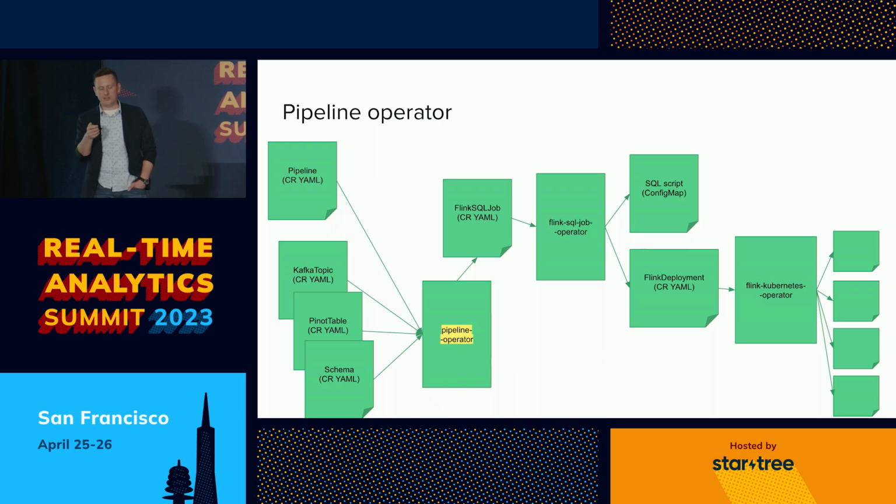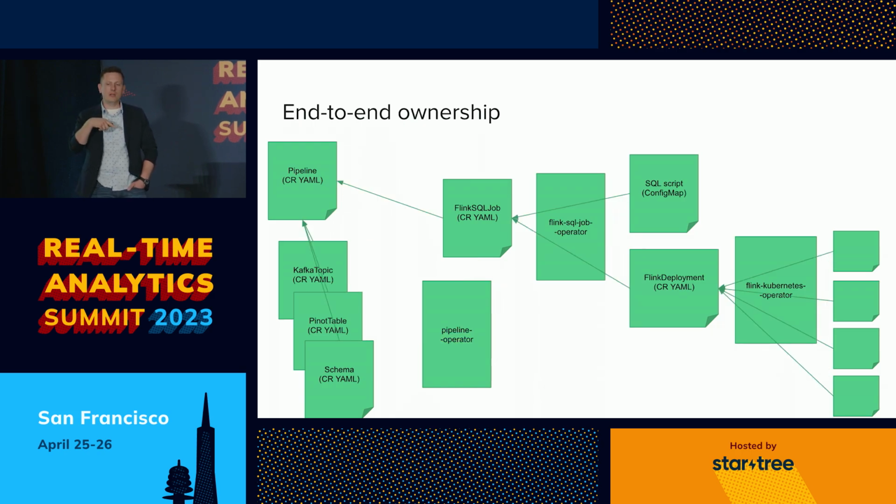Then the idea is that we would take ownership of all of the corresponding resources. So if I have a Kafka topic, a Pinot table, a schema, and so on, things that my pipeline might need, and they're all represented in Kubernetes as custom resources, then I can take ownership of those things by linking an owner reference from the schema to a pipeline, right?